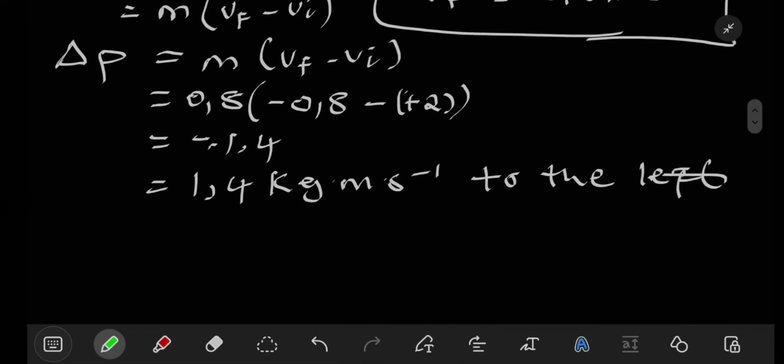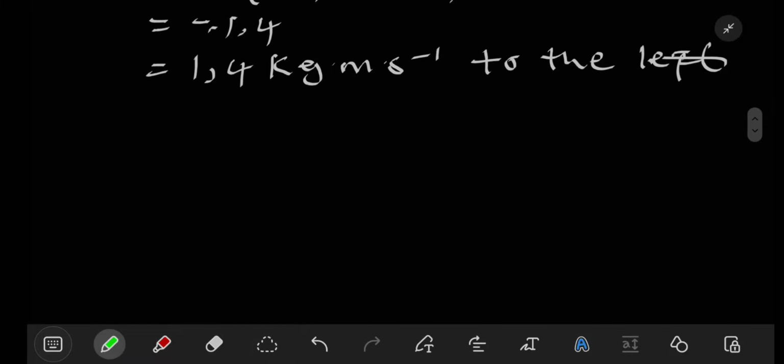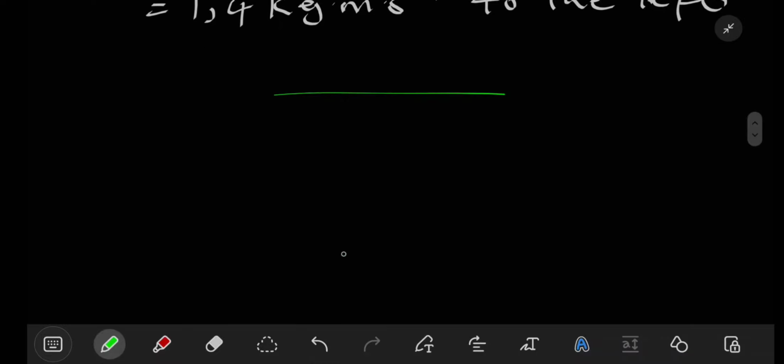Okay, now let's suppose this is the ceiling in the house. This is the ceiling, right? And someone throws a ball, and the ball goes to the ceiling and then comes back.